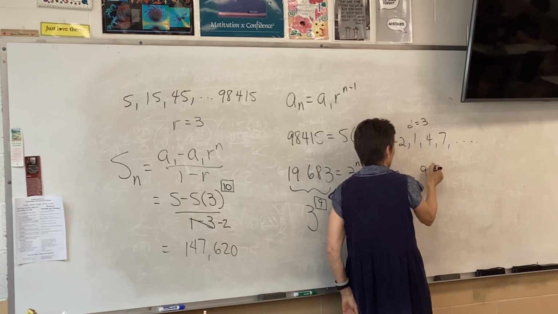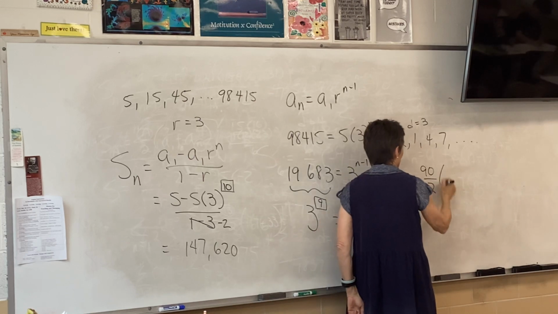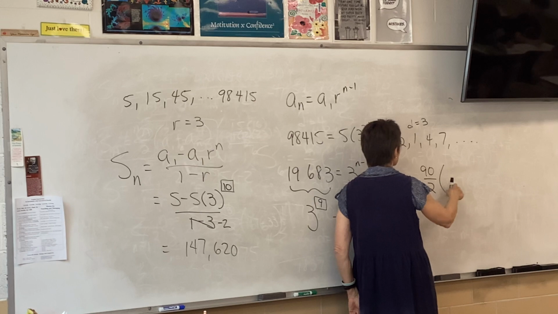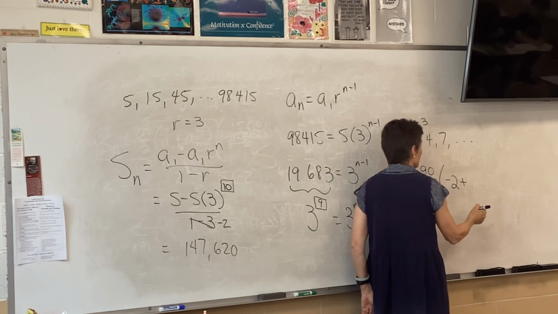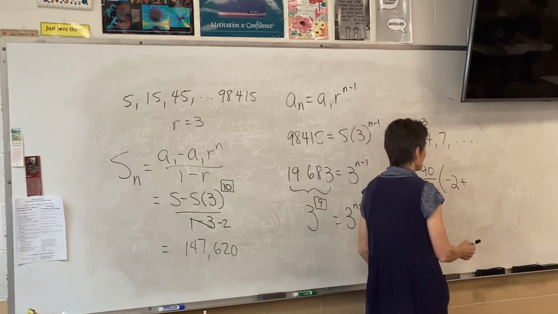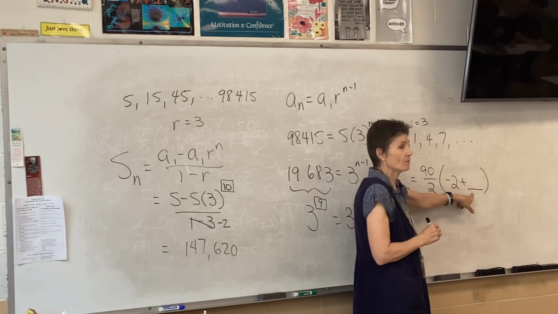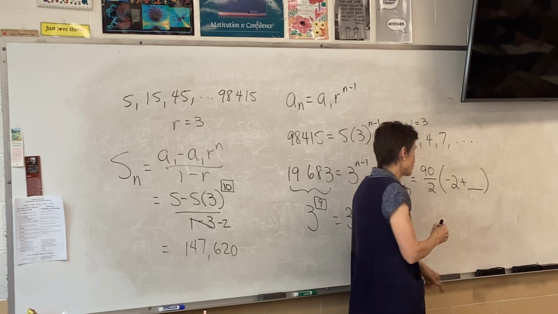So my formula says 90 over 2 times what goes here. First term, -2. Oh, shoot. What's supposed to go there? The last term, the 90th term.